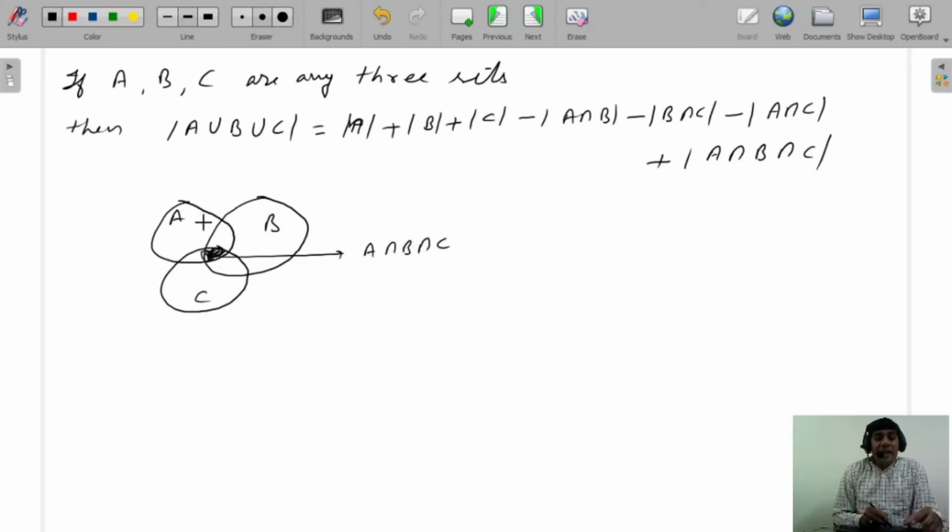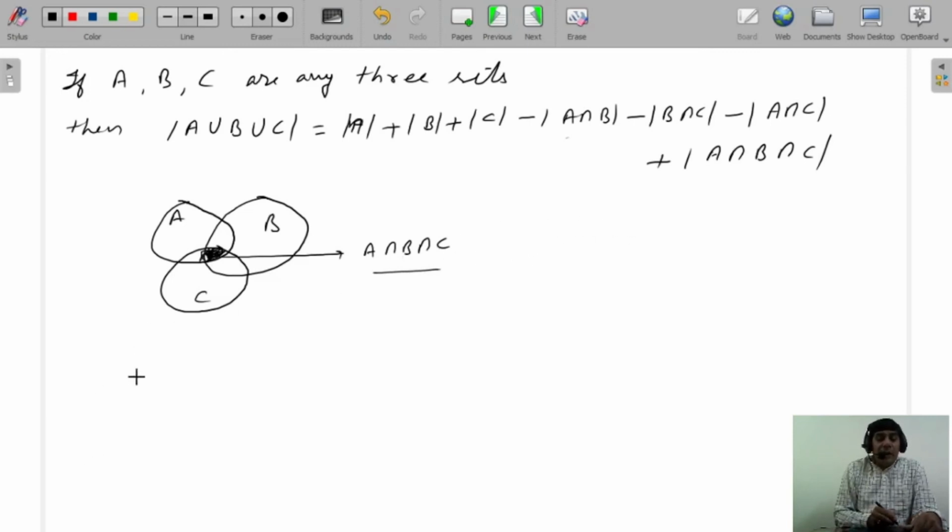We add the cardinality of A, the cardinality of B and the cardinality of C, and subtract A intersection B, B intersection C and A intersection C. Then this area is subtracted one time too many, so we add A intersection B intersection C.